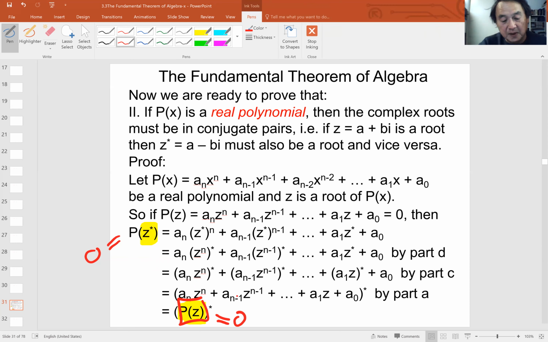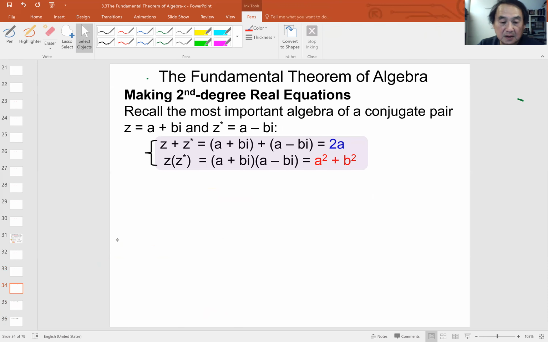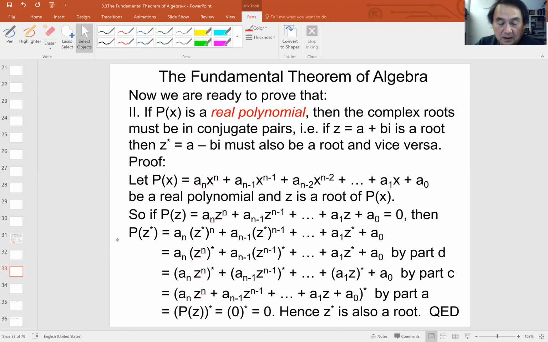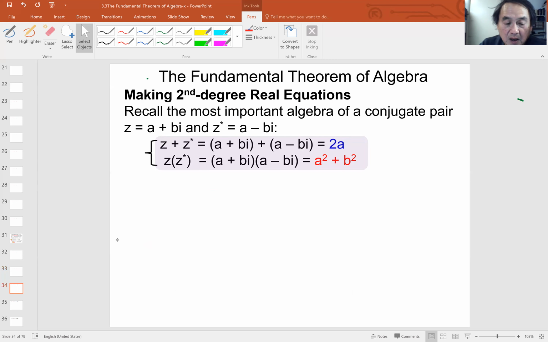It goes both ways. If p of z is 0, a complex number z is a root, then its conjugate must also be a root, and vice versa. So that's the second part, about the real roots and the complex roots of a real polynomial.